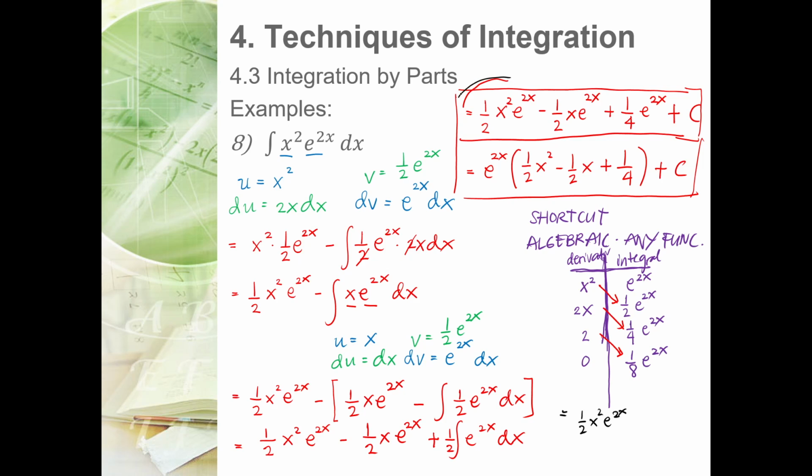Usually with the shortcut, it's an alternating operation: plus, then minus, and then plus. We stop at 0 because 0 times 1 over 8, 1 over 16 is 0.